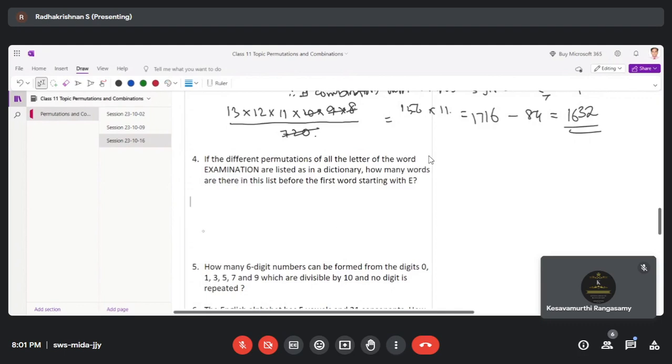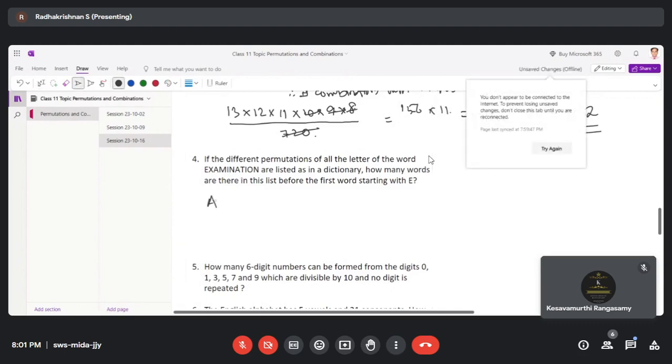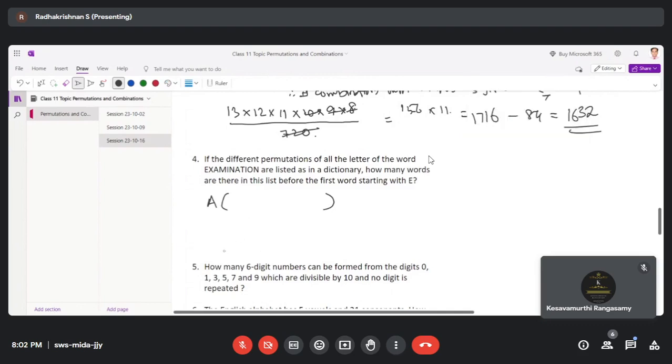Okay, so first letter we have to put A. The remaining letters, in how many arrangements can we do? Now all of them we have to exhaust before going to starting with E, right? So if you take one A out, what is remaining? Now we have to write down. So how many A's are there?